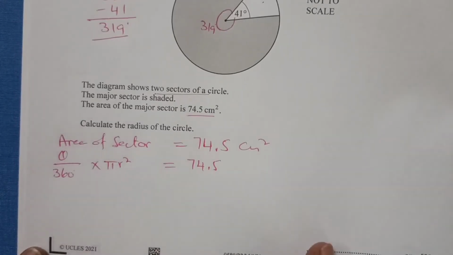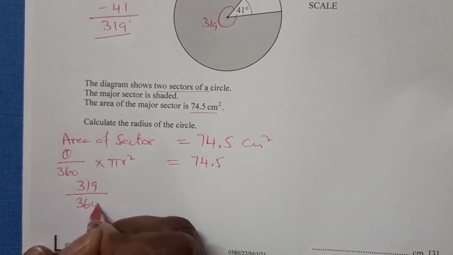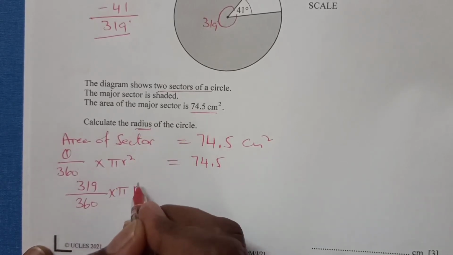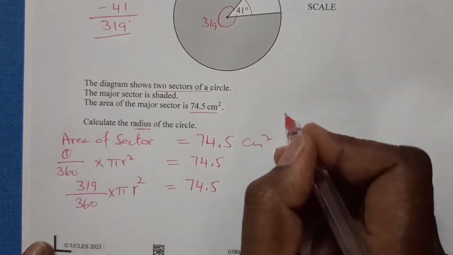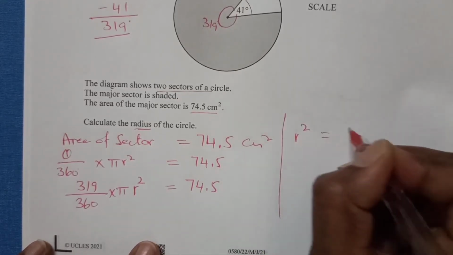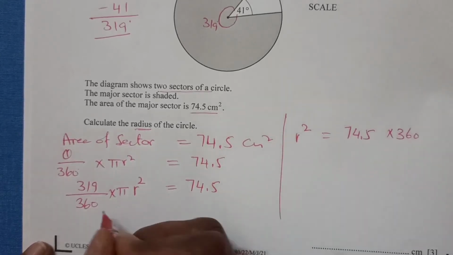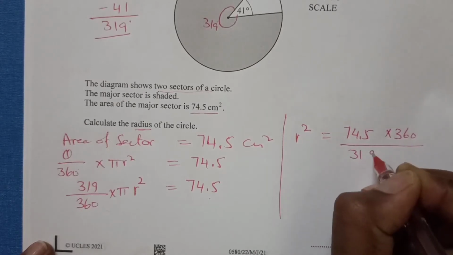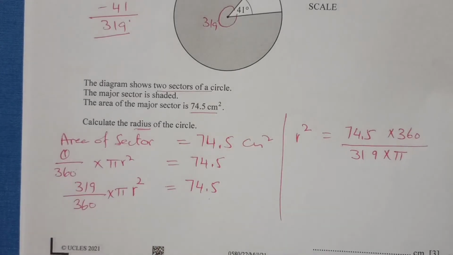So theta now is 319 over 360 times pi. We need to know r, we don't know, we can just write it down, 74.5. So from here r square will be 74.5 times 360, divided by 319 times pi, because these things will go down.